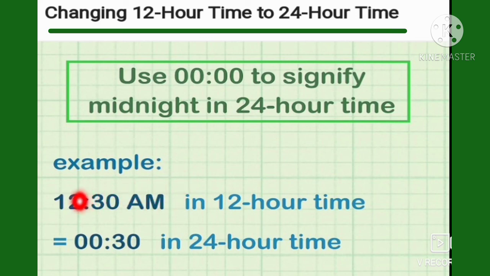And here, 12 in 12-hour time represents 00 in 24-hour time. So, instead of 12, we can write 00, and there is no change in minutes. So, the answer is 00:30 and leave out the signifier AM. So, 00:30 is the representation of the time in 24-hour time.